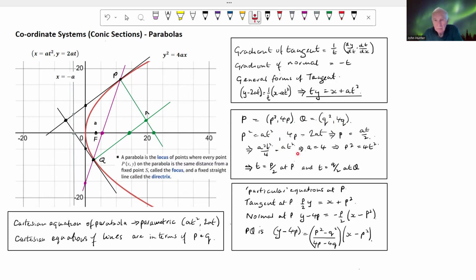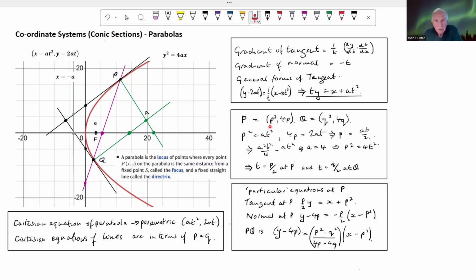All right. Now, very often that can link us back to the parameter t. So we're going to work out the value of t for these particular points.